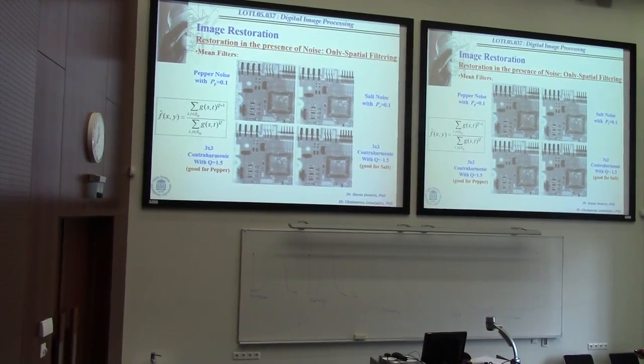And also, if we apply the counterharmonic filter that has the order of -1.5, we can see that we removed all impulse noise, that is unipolar, because when we call a noise salt and pepper, it means that it's bipolar. It means that we have both salt and pepper noise in the image. But in this case, where we just have the pepper noise, or this one where we just have the salt noise, we call it unipolar salt and pepper noise.